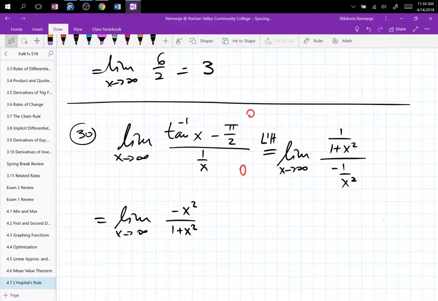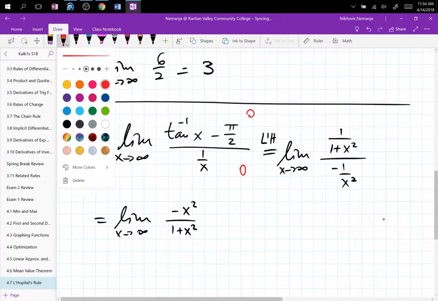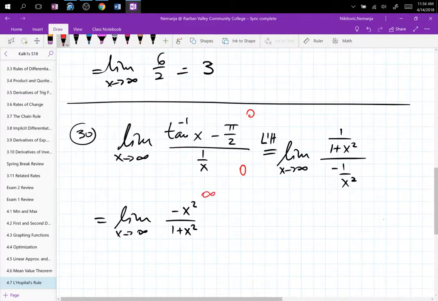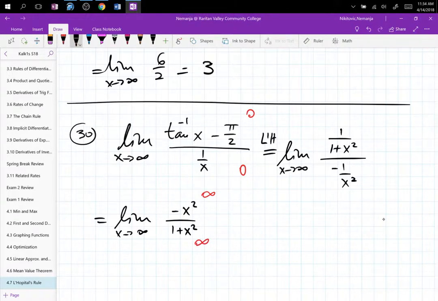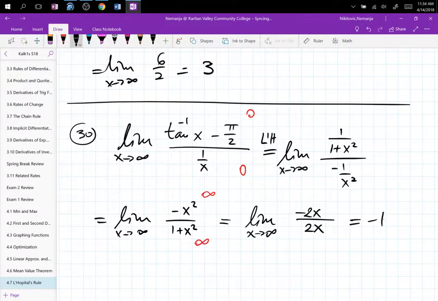So now it's infinity over infinity. This is a really cool problem. The limit as x goes to infinity, now you take the derivative, you get 2x on top and 2x on the bottom. And from this point I'm just going to cancel all that to -1 because I'm a boss.